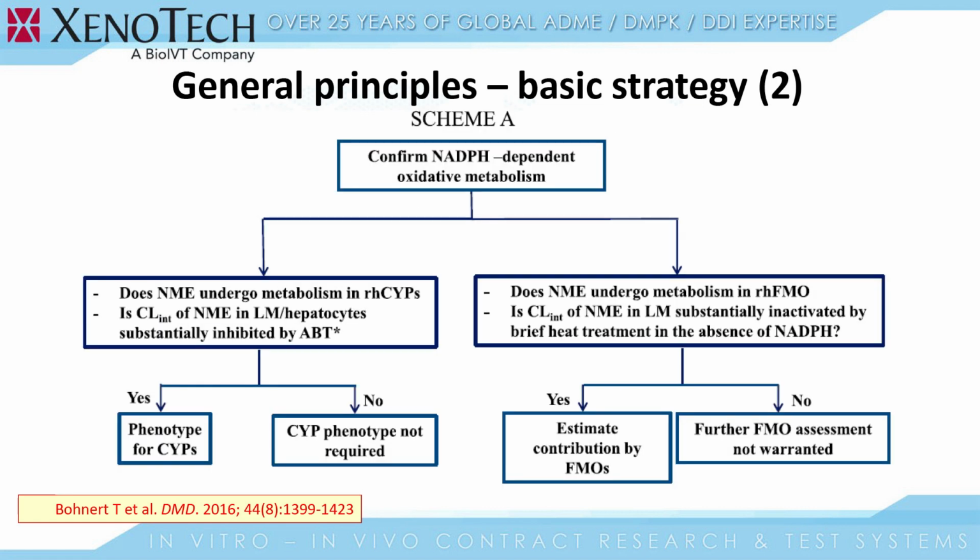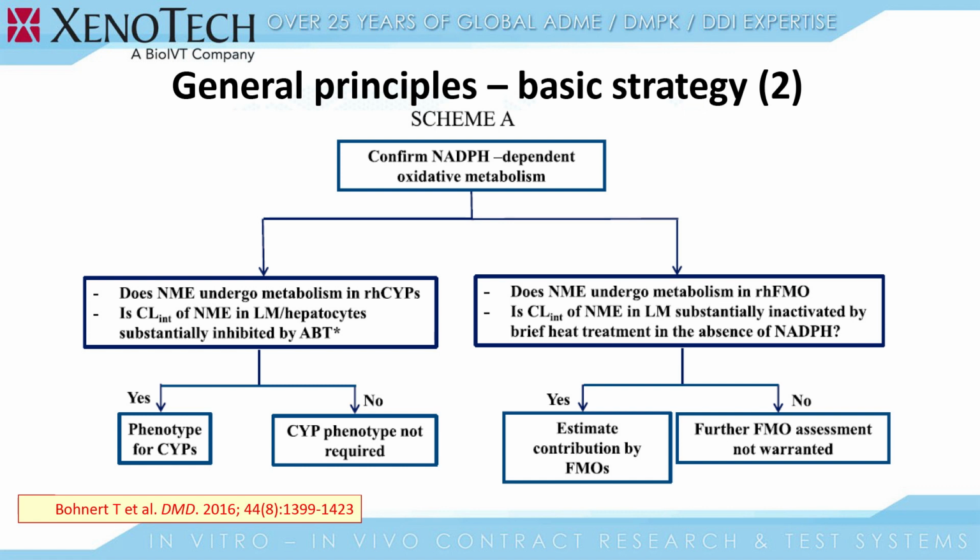So going on to scheme A, if the drug is cleared through metabolism and that metabolism is confirmed to be NADPH dependent, there are two questions to ask. First, does the compound undergo metabolism in recombinant human CYPs? And is the clearance of this compound in liver microsomes or hepatocytes substantially inhibited by ABT?